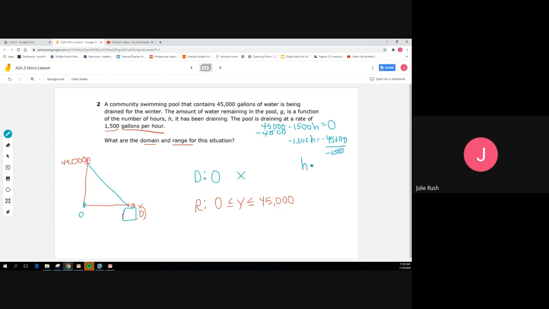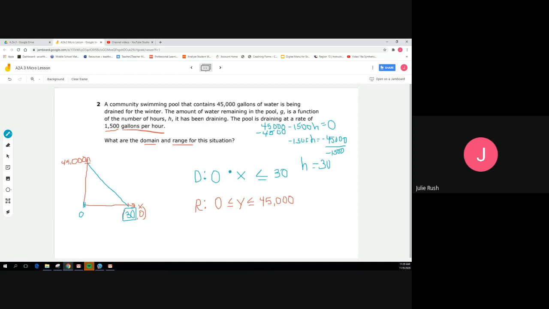And so it takes 30 hours for the pool to drain. So this number right here would be 30, and that would be the top boundary, or the right side boundary, of my domain.